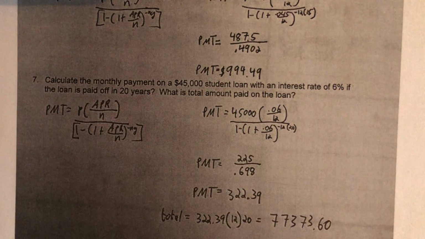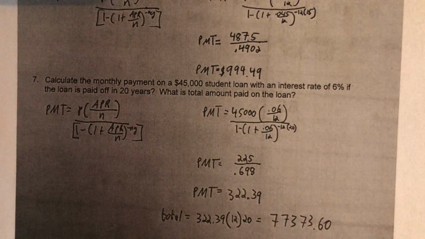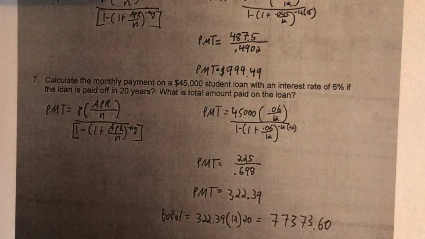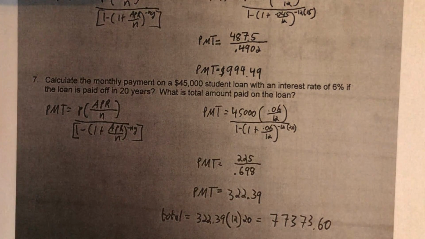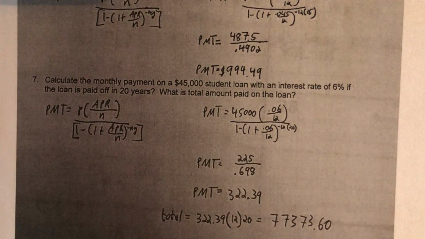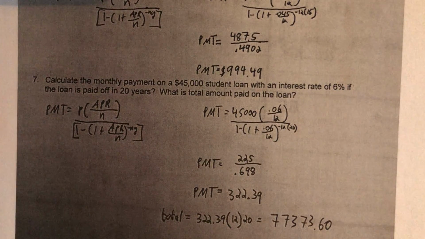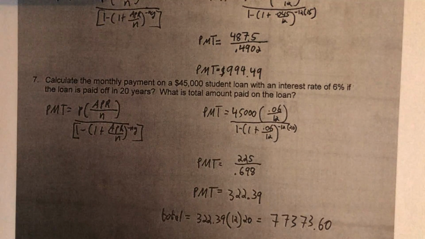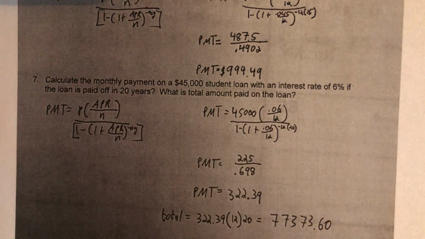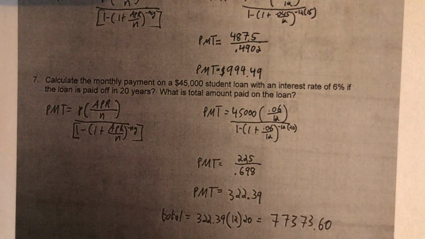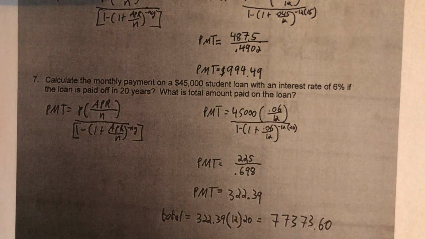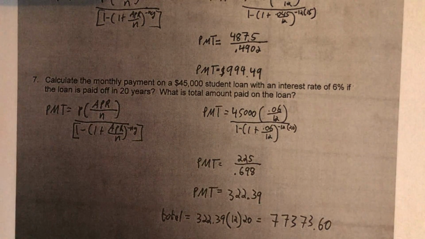Denominator is 1 minus 1 plus 0.06 divided by 12 to the negative 12 times 20. And we get 225 divided by 0.698. And our monthly payment would then be $322.39 every month for 20 years.